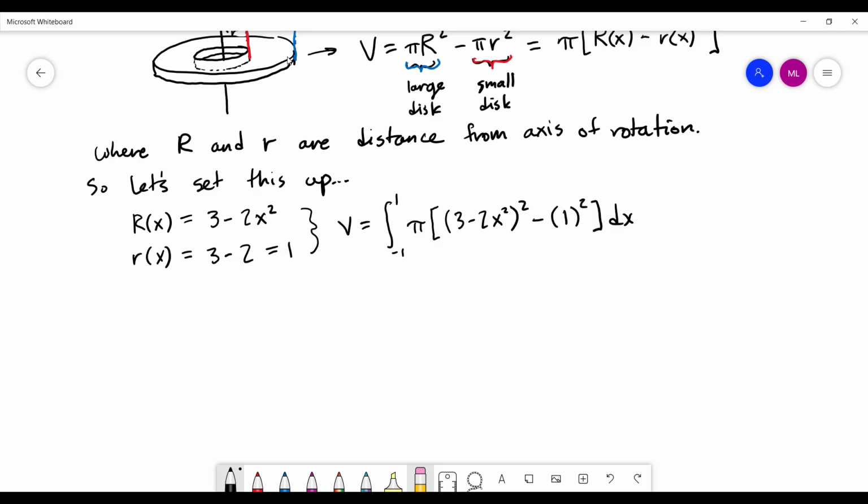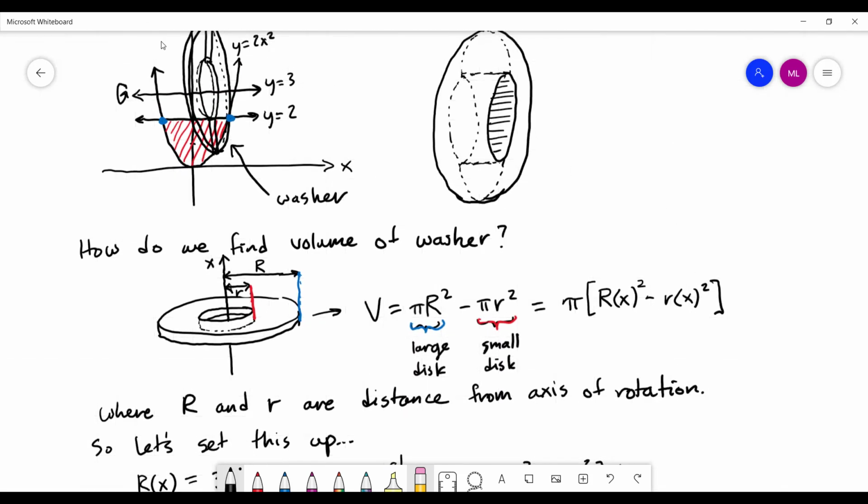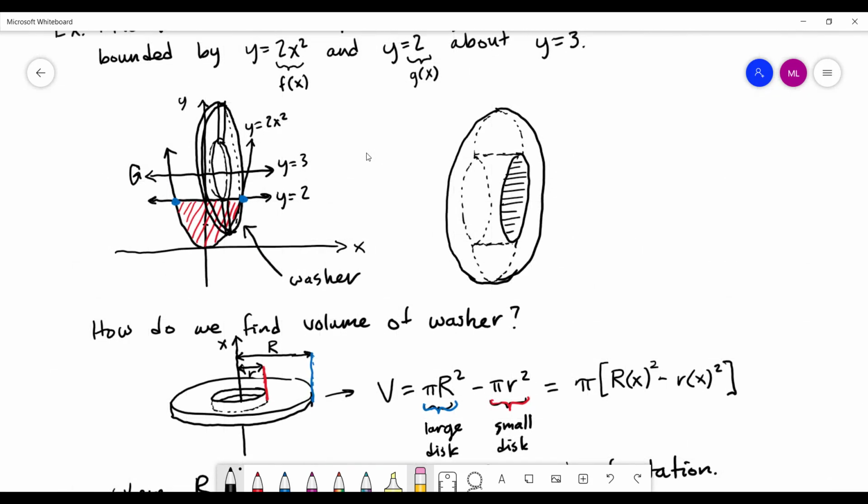Again, it's not hard. You'll have to FOIL this out, simplify some things, integrate, plug in some bounds. It'll be a little bit messy. You can cheat a little bit and use symmetry. If you look at this shape, you'll notice the red region that we shaded earlier is symmetric on the left and right.